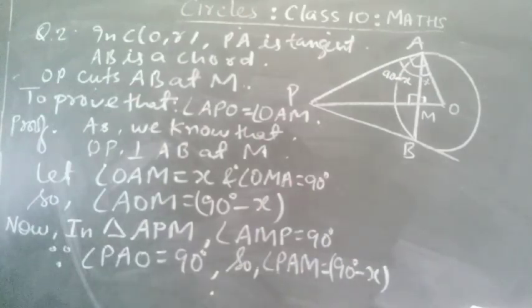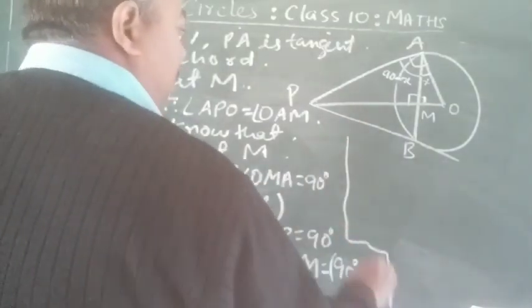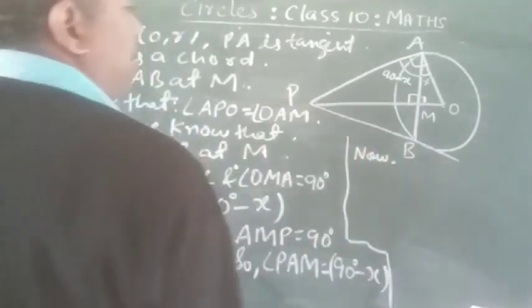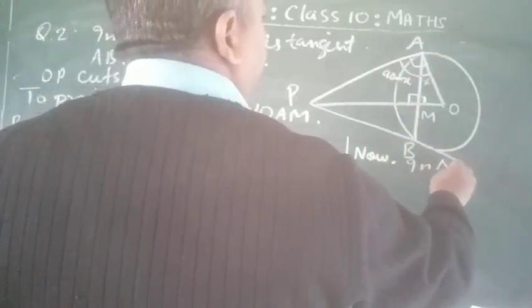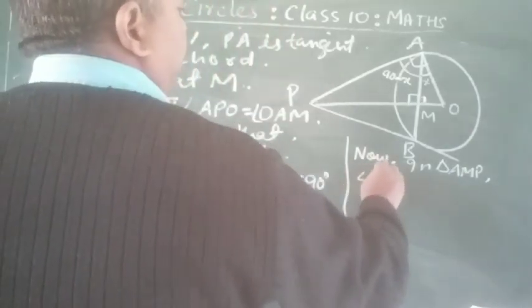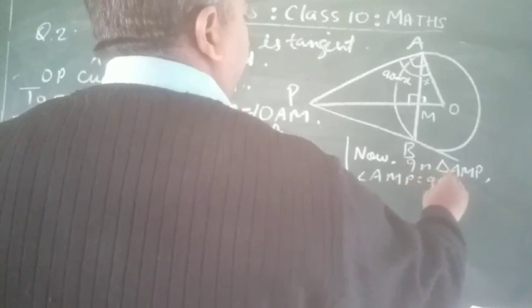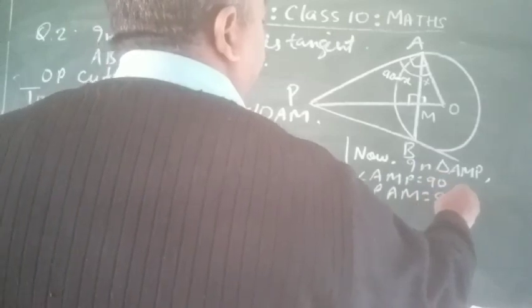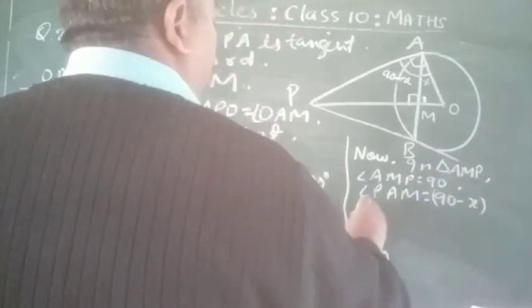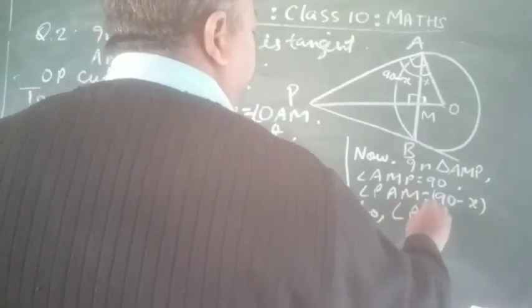Now in triangle AMP, angle AMP is 90 degrees, angle PAM is 90 minus x, so angle APM equal to x.